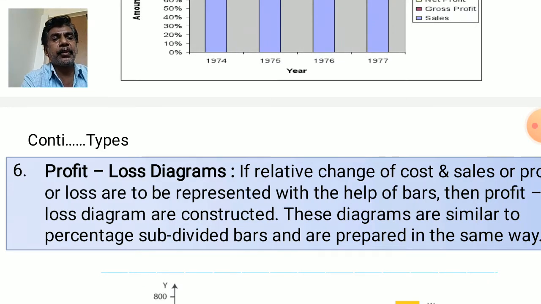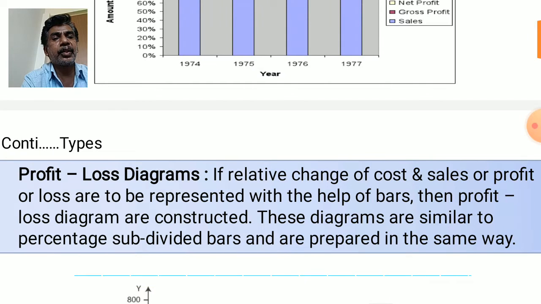In profit or loss diagrams, if relative change of cost and sales or profit or loss are to be represented with the help of bars, then profit or loss diagrams are constructed. These diagrams are similar to percentage subdivided bars and are prepared in the same way.